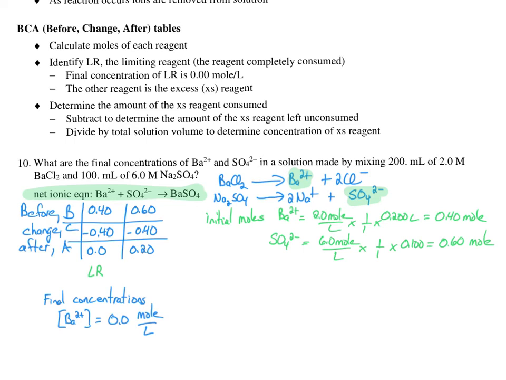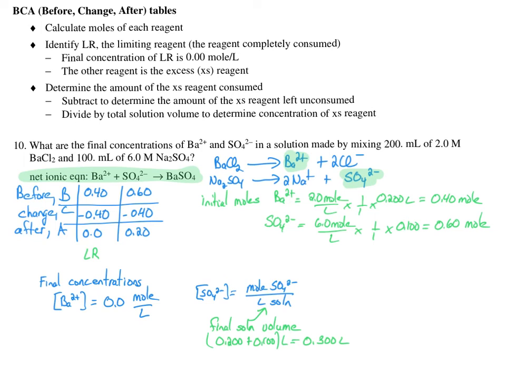And as a final step now, we can calculate the final concentration of the sulfate ion. So the final concentration of the sulfate ion is going to be the moles of sulfate, which is 0.20 moles, divided by the volume of the new solution, which is obtained by adding the two solutions together.